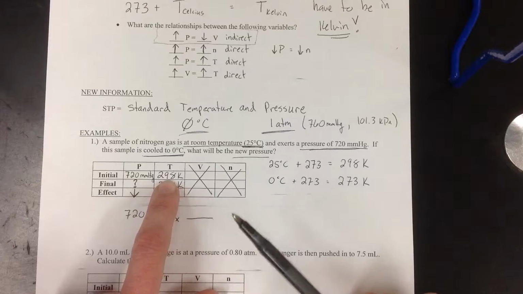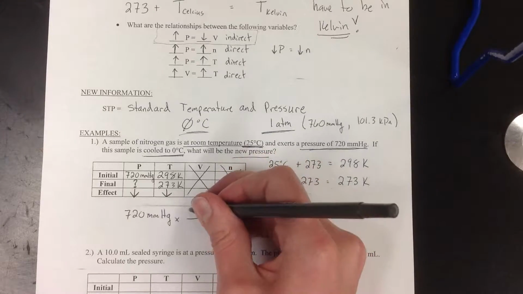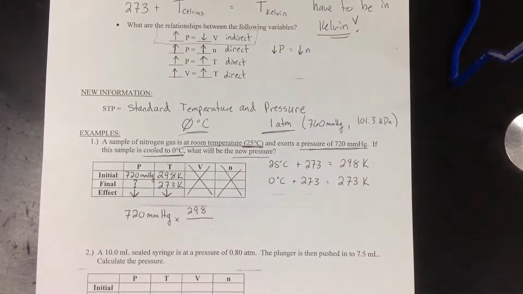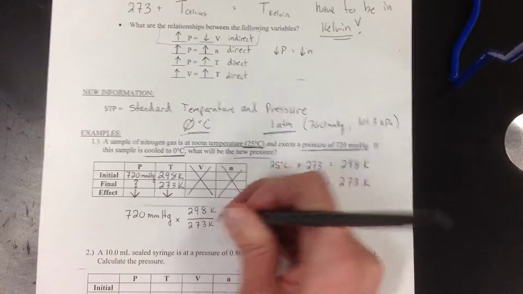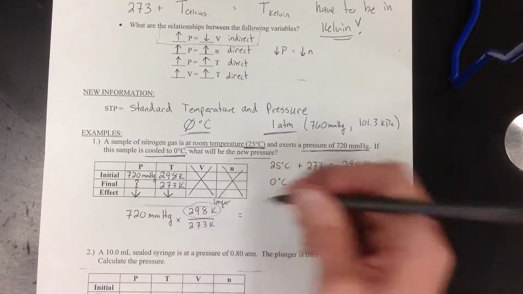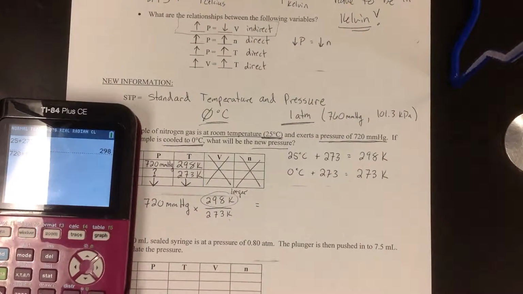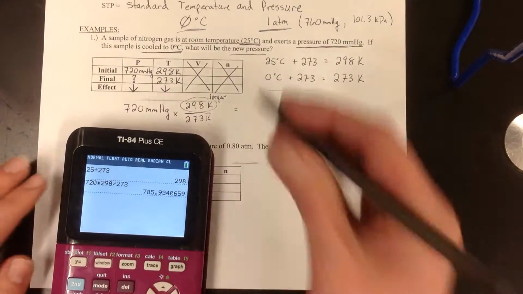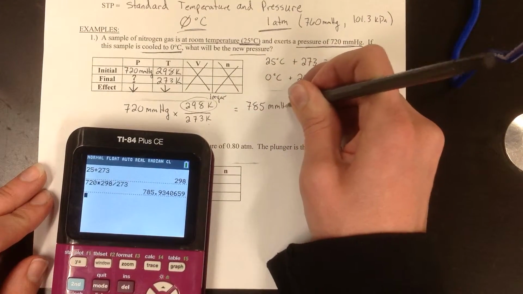does my 298 go on the top or does my 298 go on the bottom? Well, let's try it both ways. If I put my larger 298 on top and I put my 273 on the bottom, so this is my larger one, and I plug that into my calculator, 720 times 298 divided by 273, sorry, you couldn't see that plugged in, equals, I get a value of 785 millimeters of mercury.